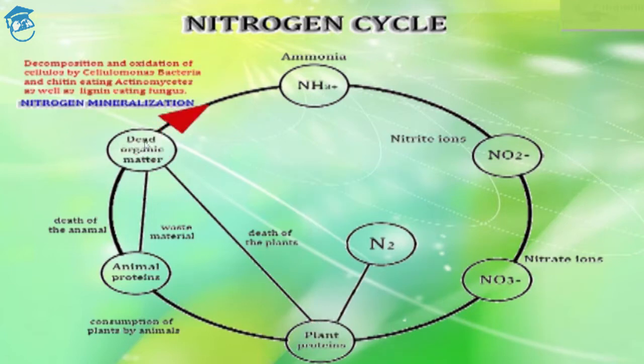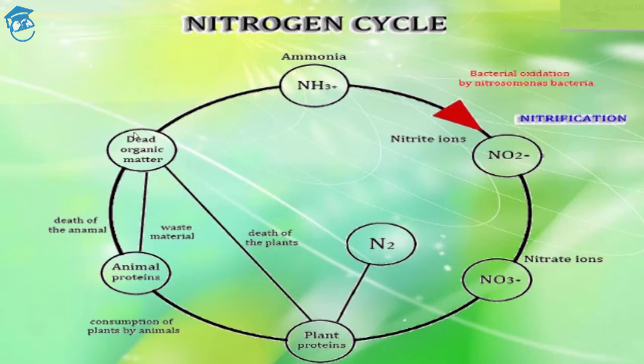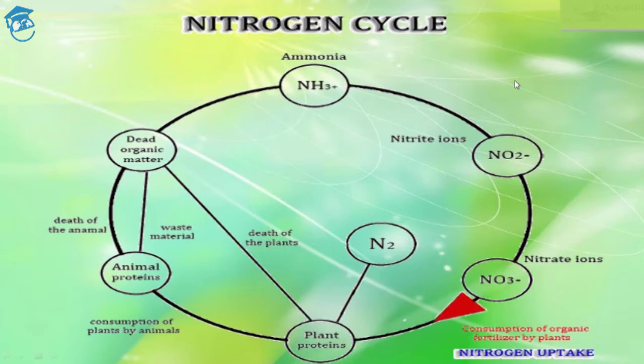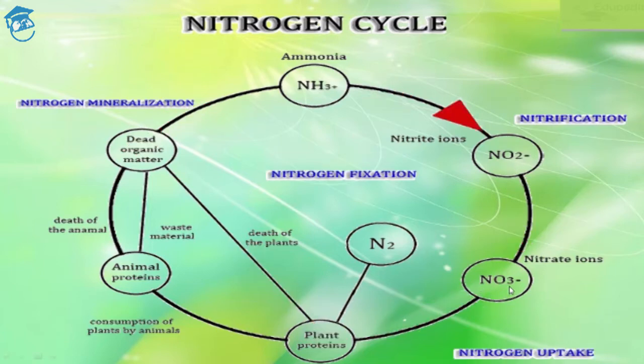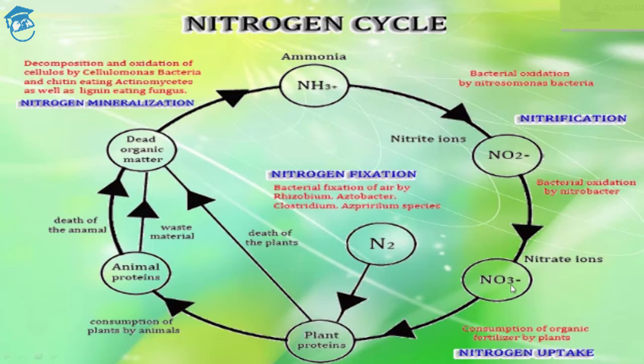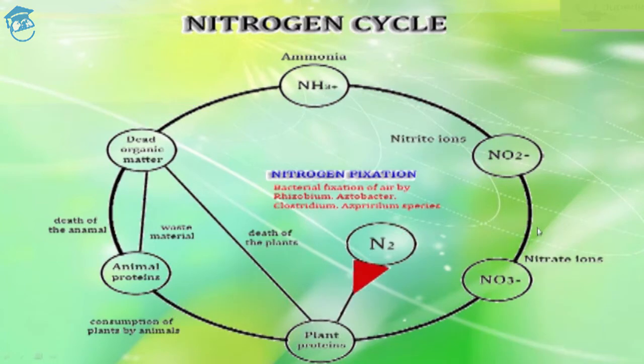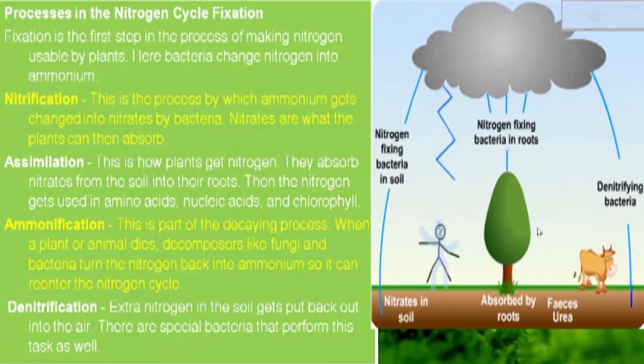Nitrogen mineralization, decomposition and oxidation happen by cellulomonas bacteria, and then nitrification takes place under the nitrosomonas bacteria, and NO2 minus gets converted into NO3 minus, and this takes place under nitrosomonas bacteria.